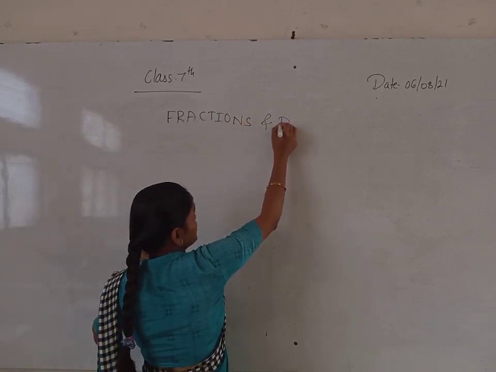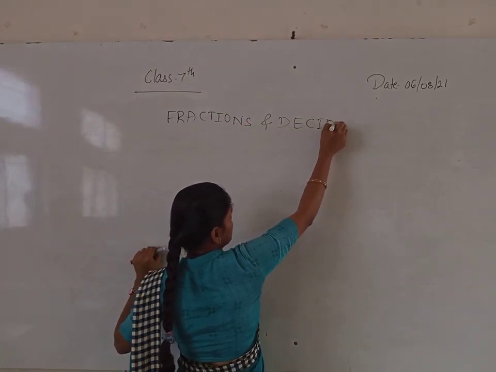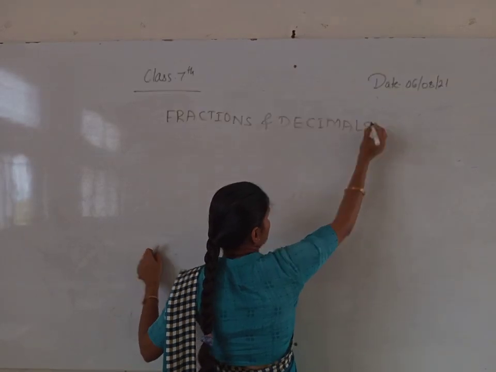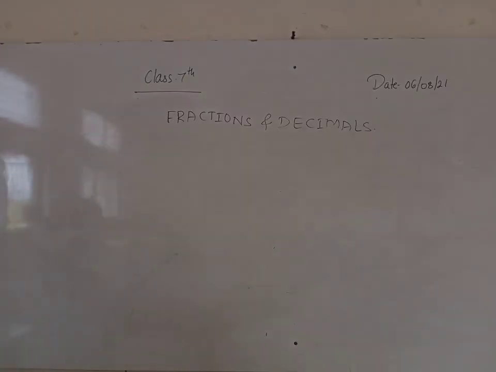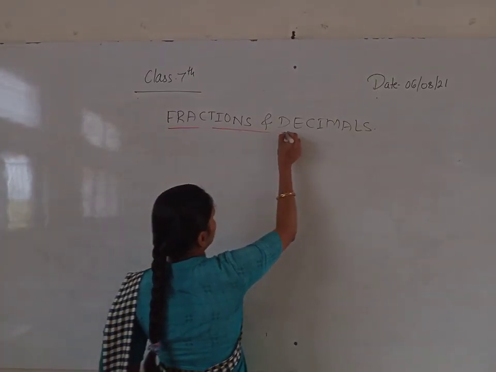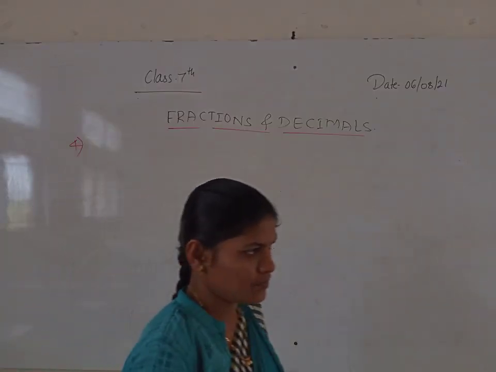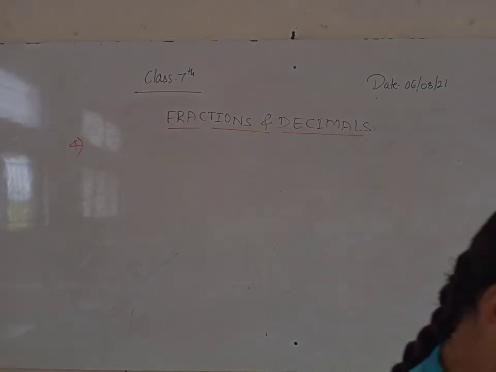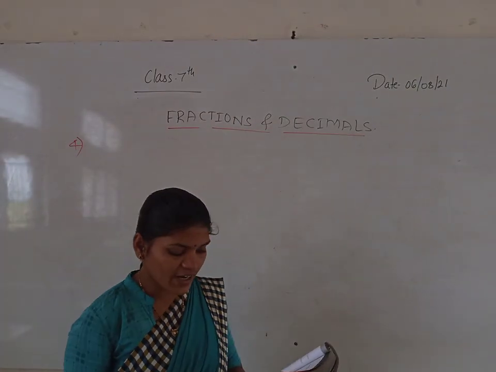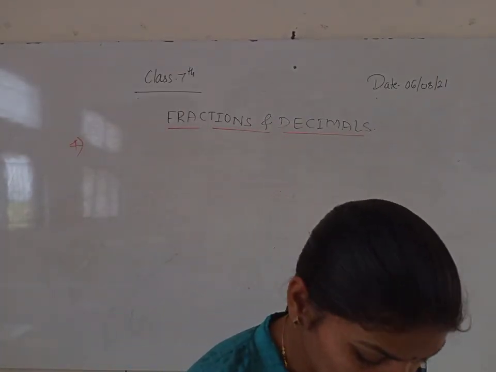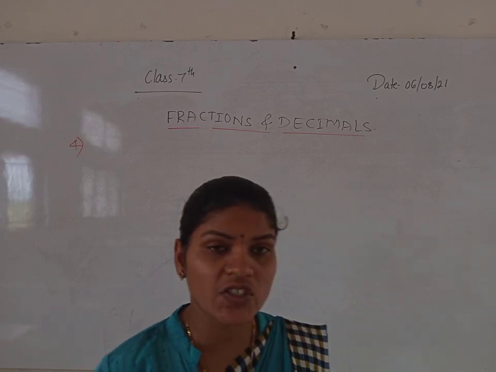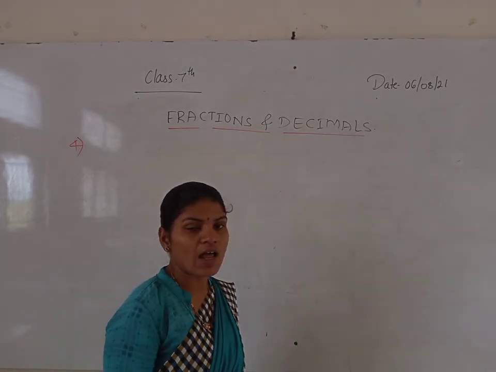Fractions and decimals. So we are at the fourth question. What is the fourth question here? A rectangular sheet of paper is 12 integer 1 by 2 centimeter long.